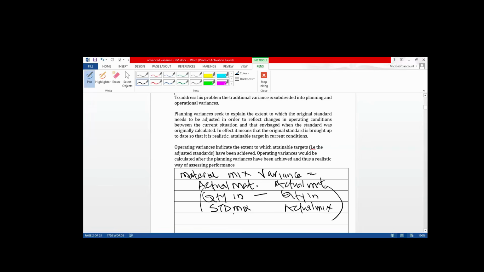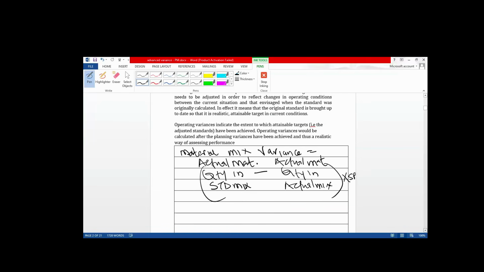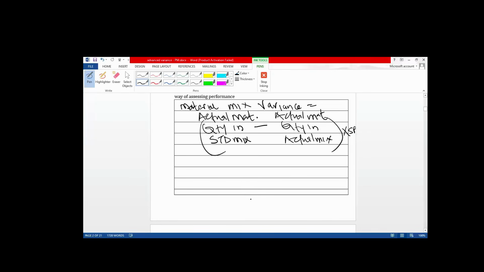Put a bracket. Multiply by the standard price. Actual material quantity in standard mix minus actual material quantity in actual mix, multiply by the standard material price. That is how to get your material mix variance. You may write it down if you want.